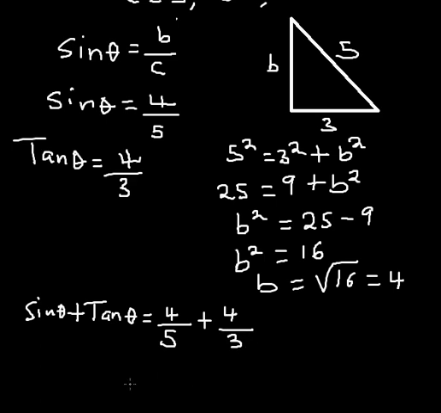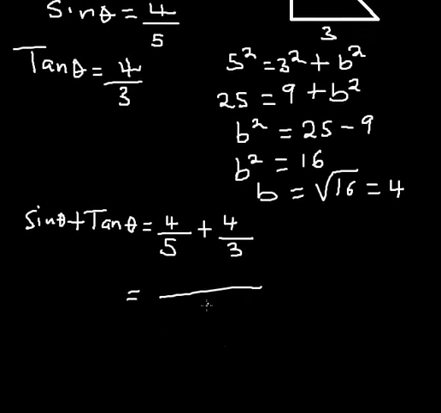All right, so now the LCM is 15. 15 divided by 5, I have 3. 3 times 4, that's going to be 12. 15 divided by 3, I have 4. 4 times 4, that is 16.